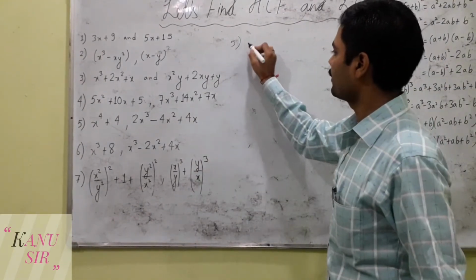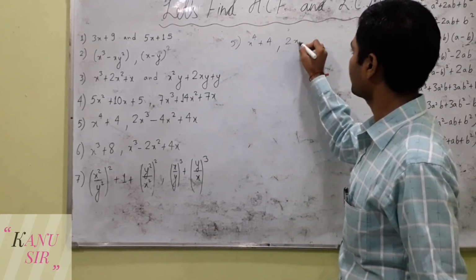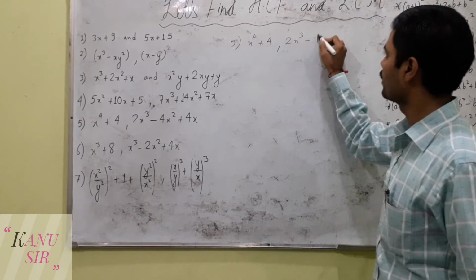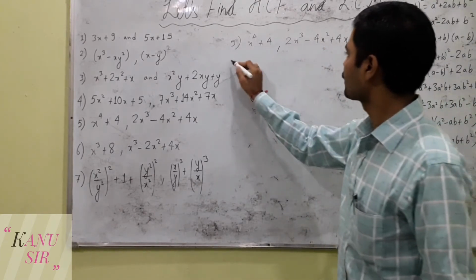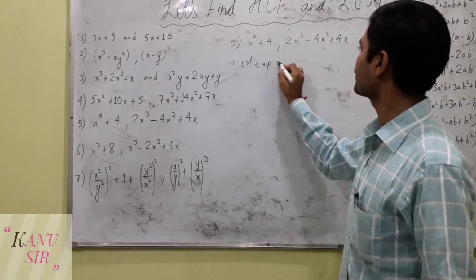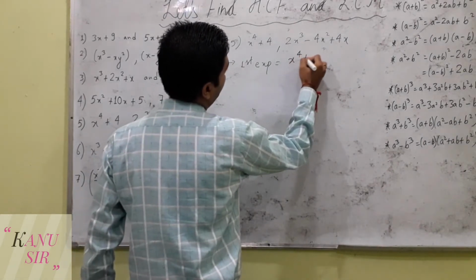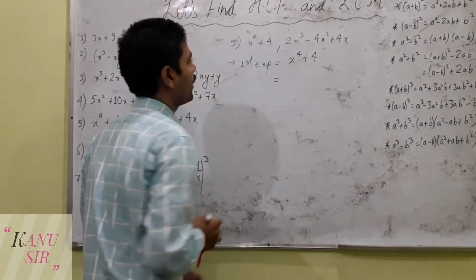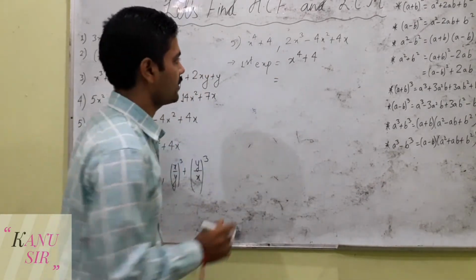In question number 5, the first expression is x power 4 plus 4, and the second expression is 2x cube plus 4x square plus 4x. Then we will write here the first expression, that is equal to x power 4 plus 4. Now here we are going to understand something different in factorization.